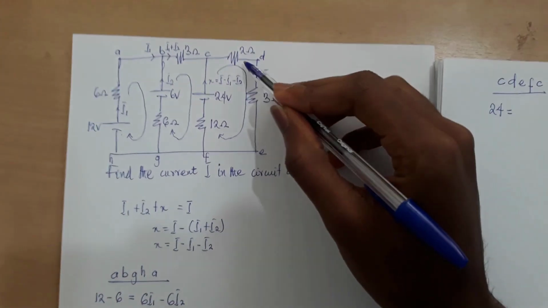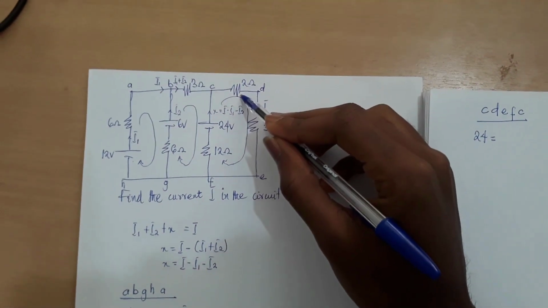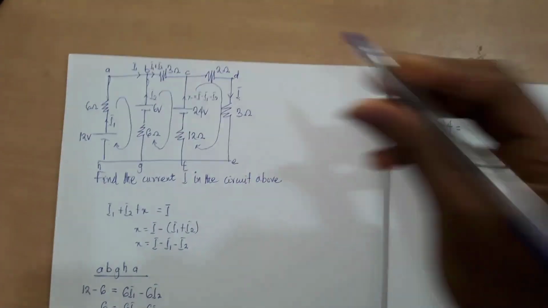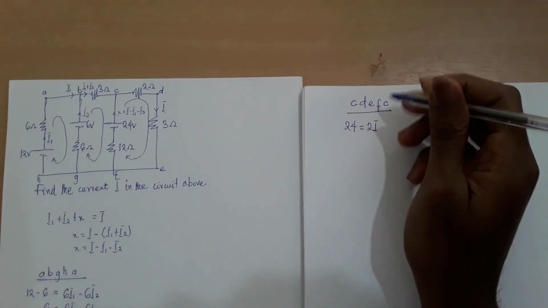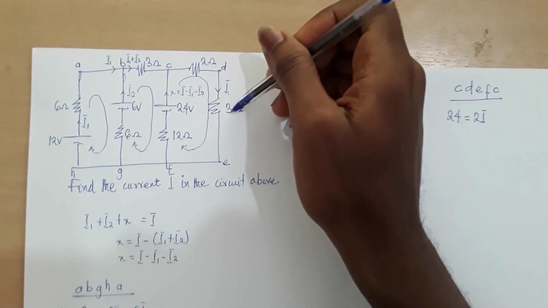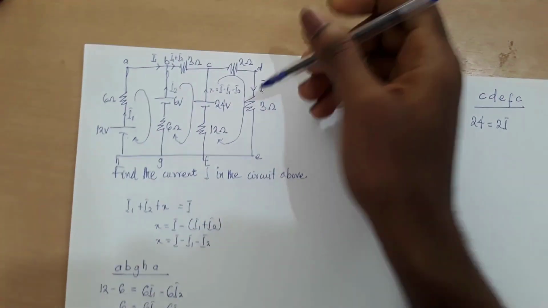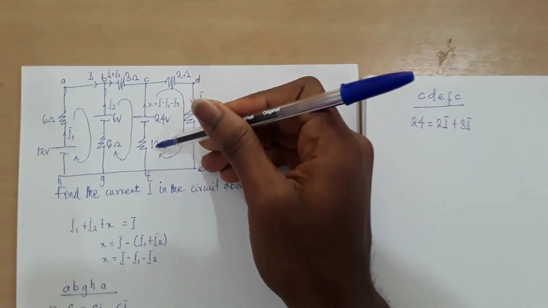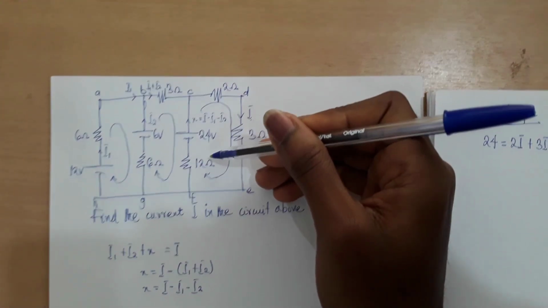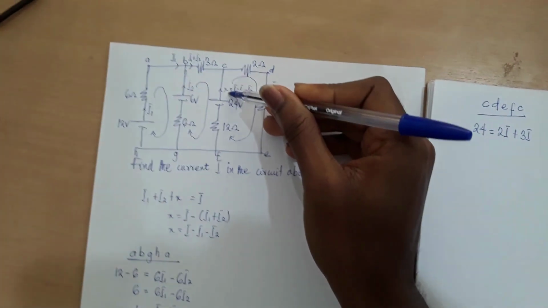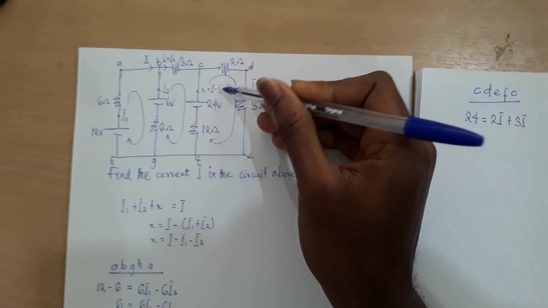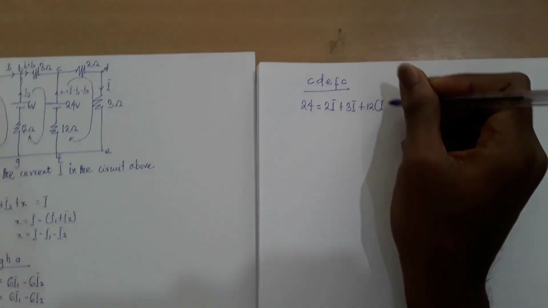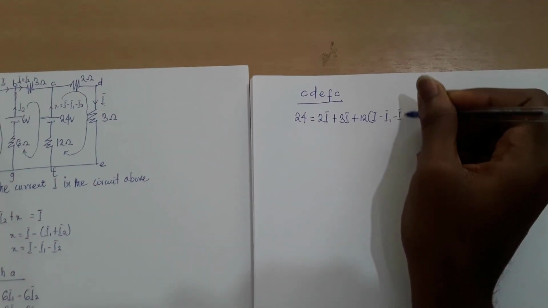Our first voltage drop is due to the 2 ohm resistor, and the current traversing it is current I. So 2I. Again, we have another voltage drop due to the 3 ohm resistor, same current I traversing it, so plus 3I. And our last voltage drop will be due to the 12 ohm resistor. Current traversing the 12 ohm resistor is I minus I1 minus I2, which we found earlier, so plus 12 multiplying the expression I minus I1 minus I2.